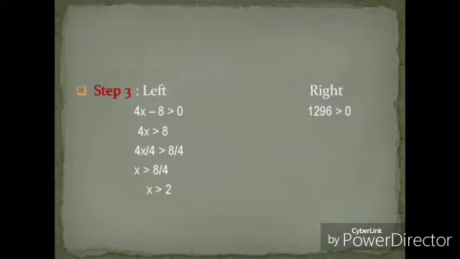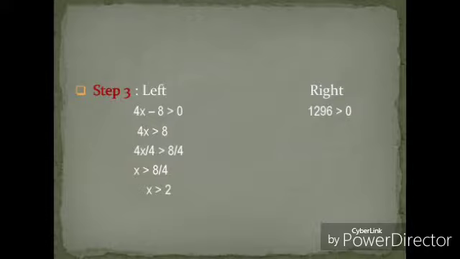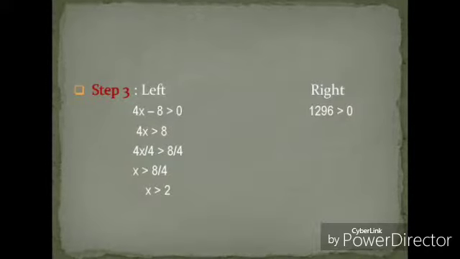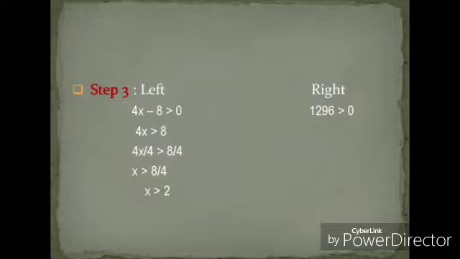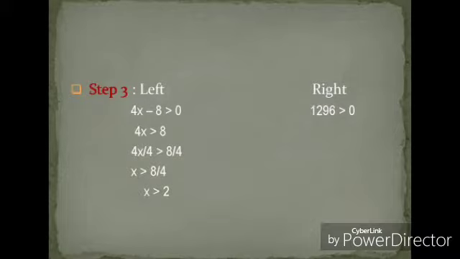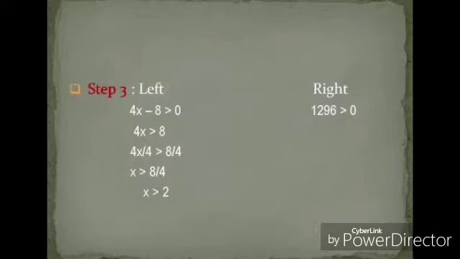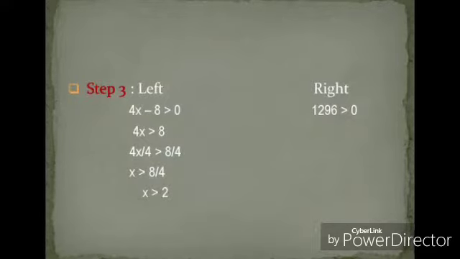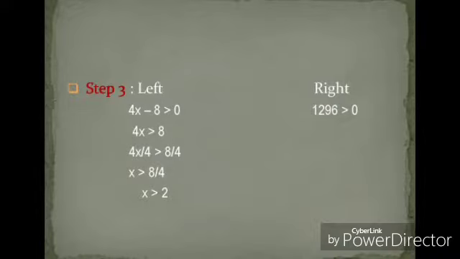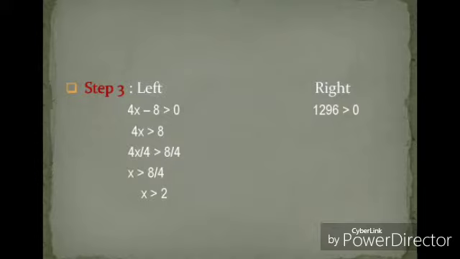Step 3. Ensure the logarithms are defined. This means x is greater than 0. We indicate that there is a left equation and a right equation that surrounds the inequality sign less than. Left. 4x minus 8 is greater than 0. In step 2, 4x is greater than 8. Why greater than 8? Because negative 8 from the left side, when moved to the other side, becomes positive 8.